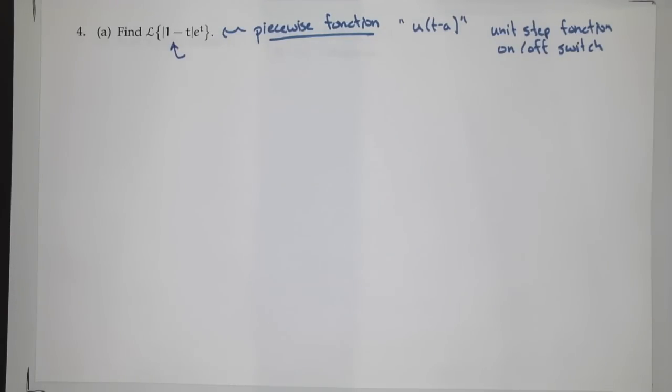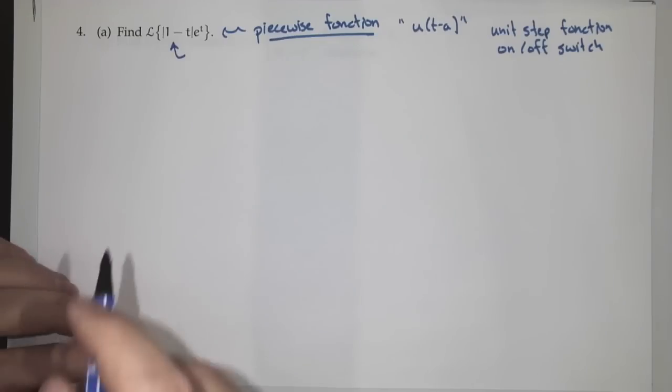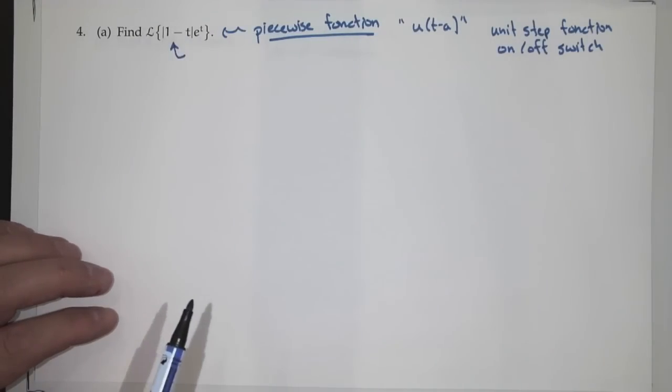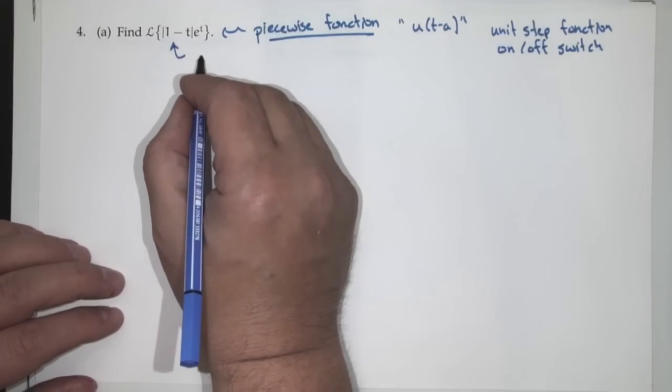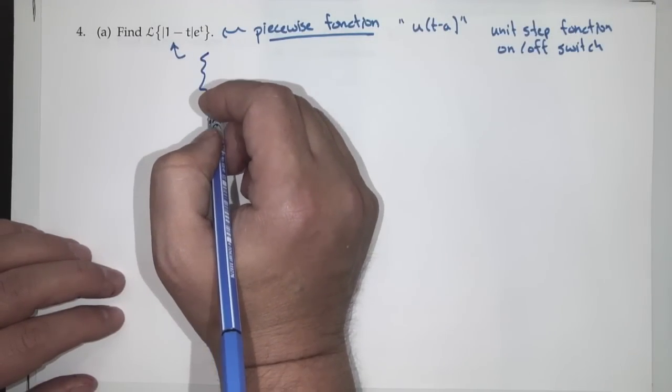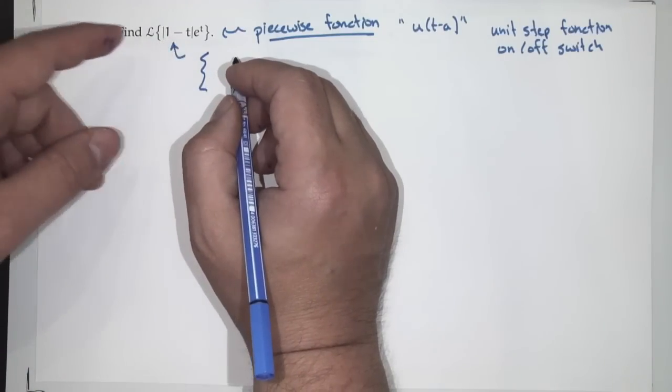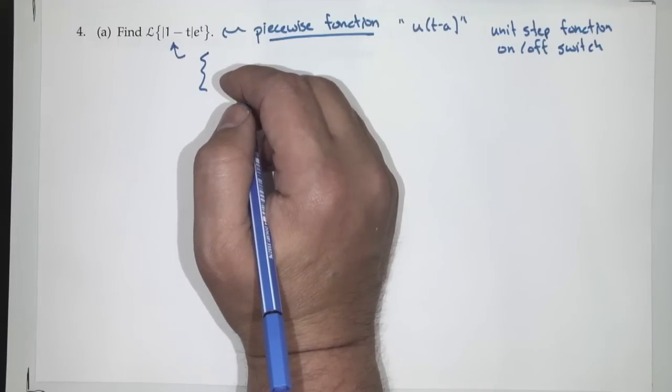Because we're thinking of it as piecewise, so it must be changing behavior somewhere. Where does it change? Yeah, when the inside equals 0. So when does the inside of the absolute value 1 minus t equal 0? Well, the answer is when 1 minus t equals 0, which is t equals 1.